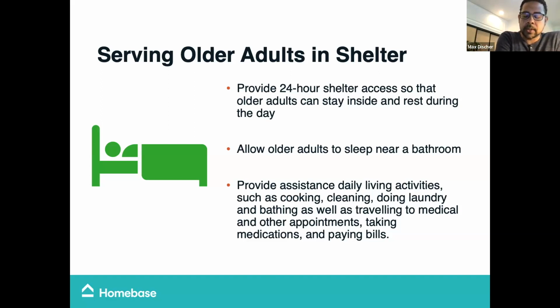That's another thing that can shift as one ages. Also allowing older adults to sleep nearer to the bathroom and providing assistance with daily living activities, the usual things of cooking, cleaning, laundry, bathing, traveling to medical and other appointments, taking medications, tracking those medications, and paying bills.